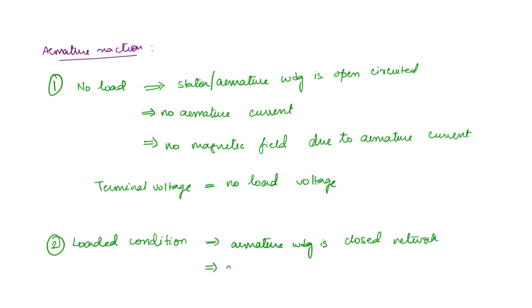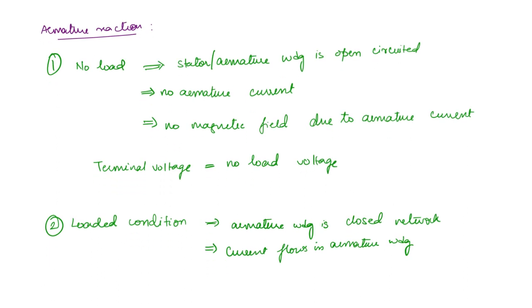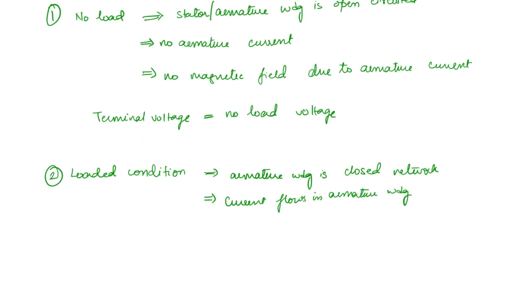This implies that current flows in the armature winding, so that means non-zero armature current. Once the armature current is flowing, what will happen? It will produce its own magnetic field, the magnetic field produced due to armature current.